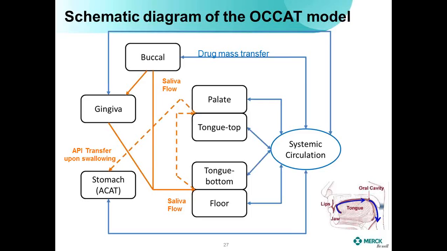Also in the oral cavity, we secrete saliva, and the orange arrow shows the saliva secretion from the buccal and flow to the gingiva and other tissue compartments. The orange dashed line represents the transfer of API upon swallowing, because the model assumes that swallowing will be triggered when the saliva accumulates to certain levels, and the dashed line represents the swallowing of API.